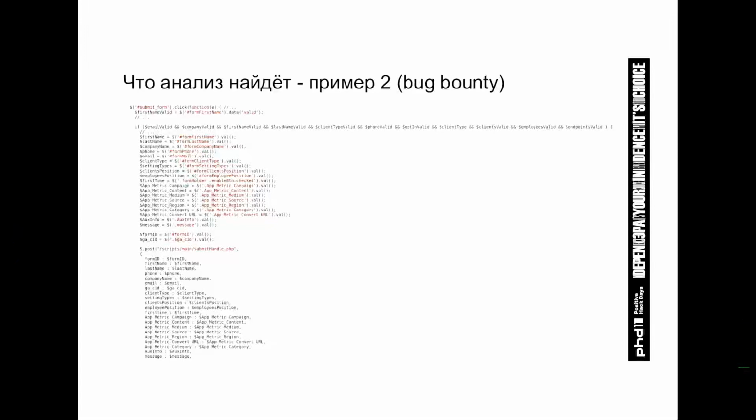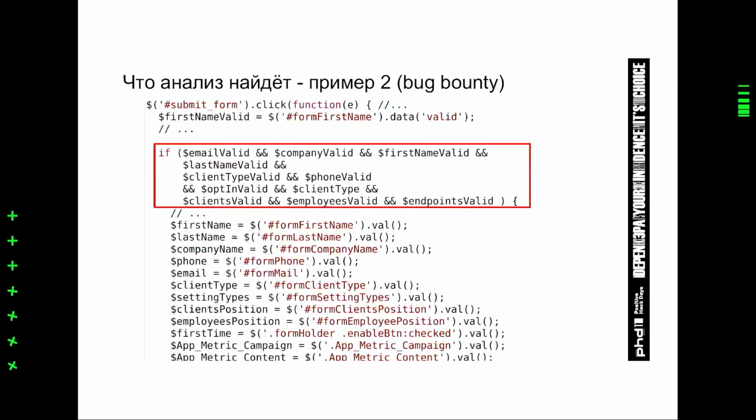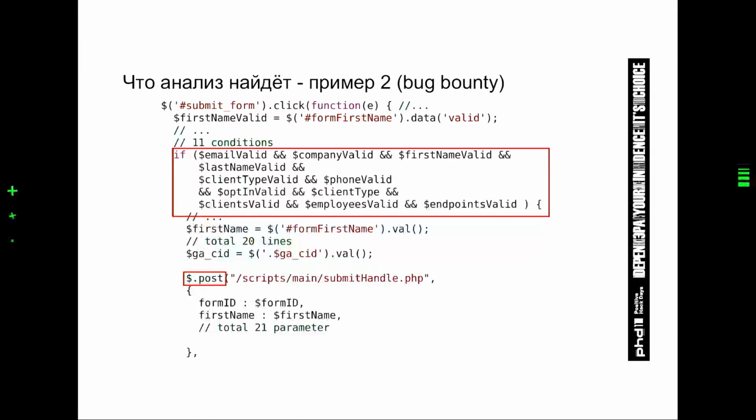A second example. This longish line of code there is an if, and also a $.post. I know it's very difficult to see, so I'm going to show you like that. Please pay attention to what we have in the if. In this if, we have 20 variables, and these 20 variables call 20 arguments and 11 validation conditions.